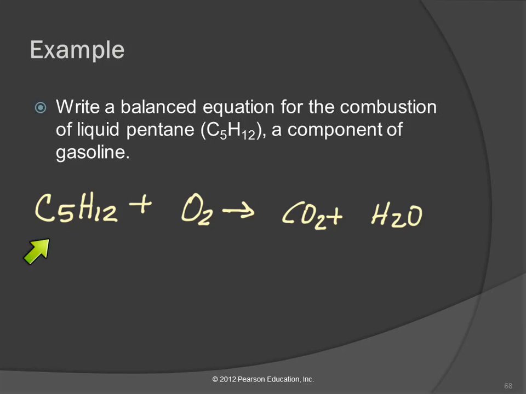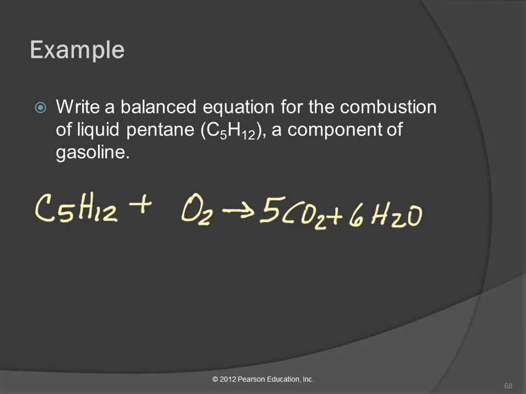So let's start with the carbons. We've got 5 here, so we'll put 5 over there. And here we've got 12 hydrogens, and over here we only have 2. And so if I put a 6 in front of that, that'll give me 12 hydrogens.